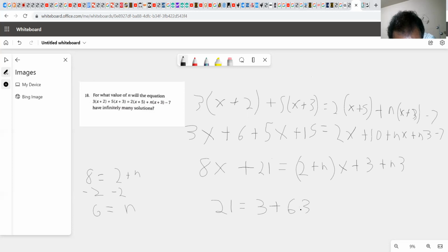Well, 6 times 3 is 18, and 3 plus 18 is 21. So definitely it works. If the value of n is 6, it makes both sides equal, so you'll have infinitely many solutions.